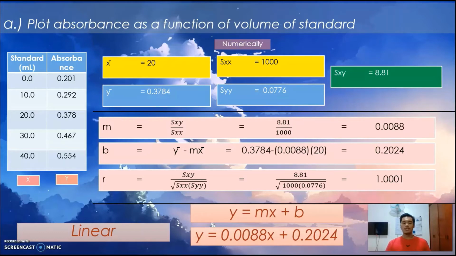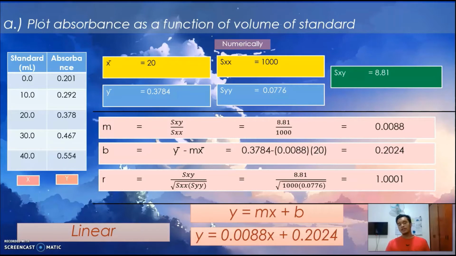The y-intercept based on the formula given, we calculated a y-intercept of 0.2024. And lastly, we need to find if the data is linear or not. So based on the formula, we substitute, we have an R value of 1.001. This is great because since the value of R is 1, this data is considered linear.